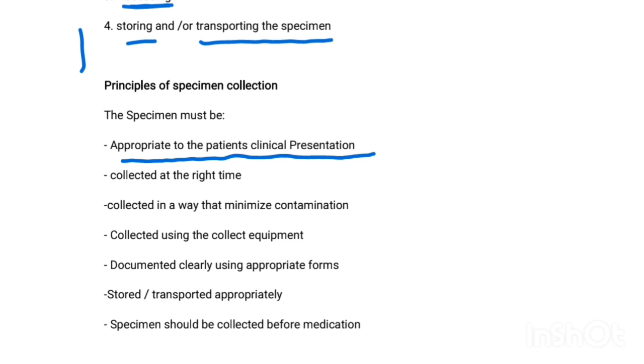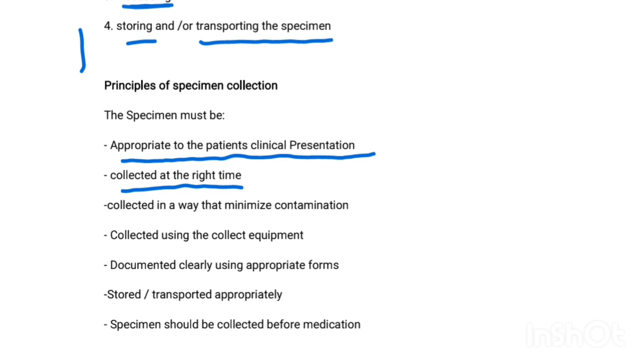We need to collect at the right time. Okay, there are some specimens that do not allow collecting anyhow or at any time. They require a specific time allocated to that specimen. For example, when we want the sputum for TB, what is the appropriate time?